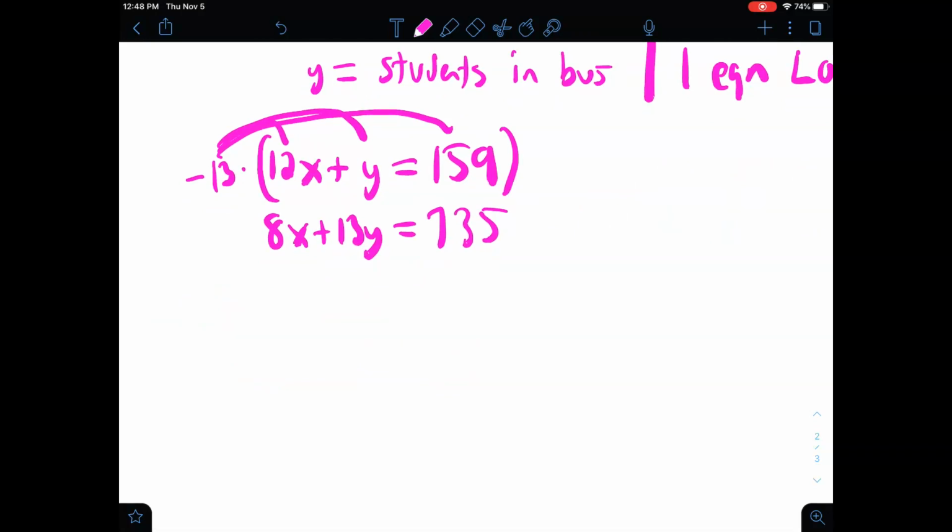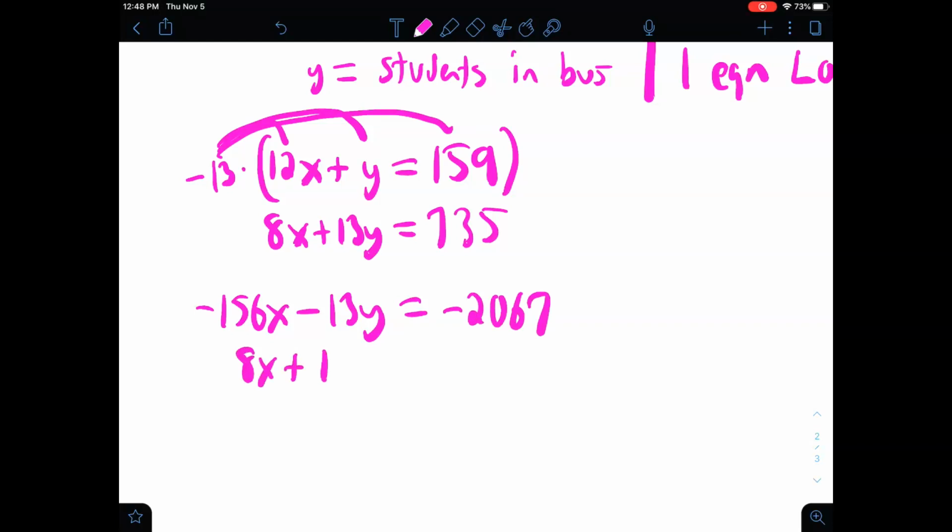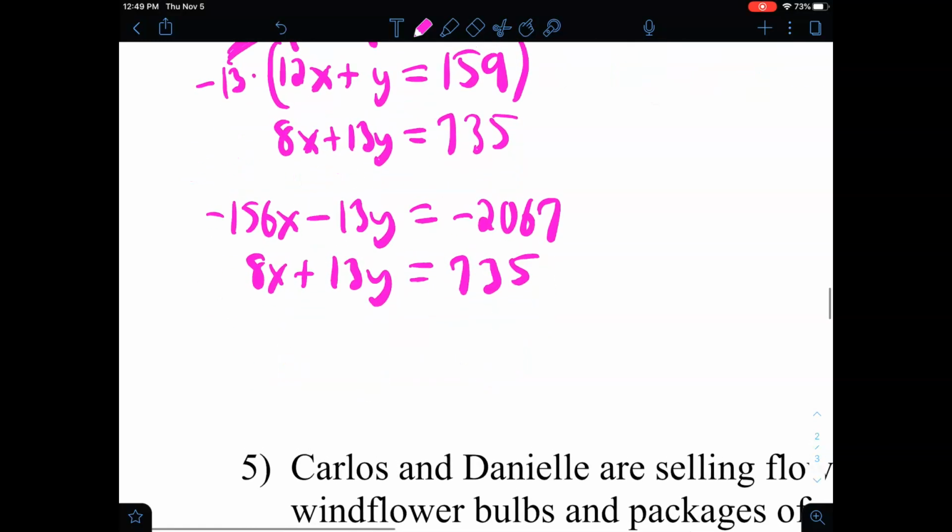So negative 13 times 12x is negative 156x minus 13y equals, that's going to be a big number at the end there, negative 2067. Write the rest of the equation the same, 8x plus 13y equals 735. Okay. Now we need to add, because that's what elimination is.